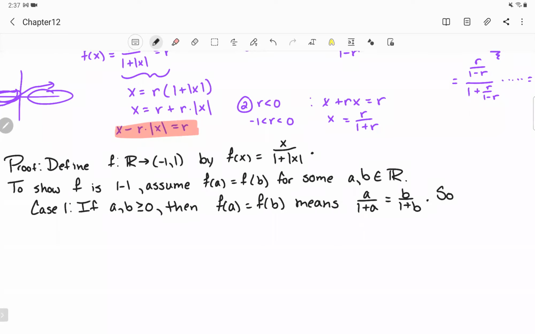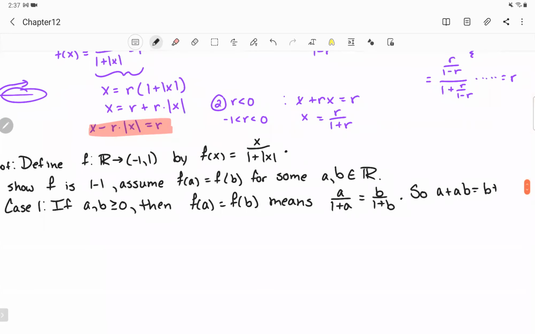It's up to you how much algebra you want to write in. I guess we can write in the steps. a plus ab equals b plus ab, meaning a equals b.